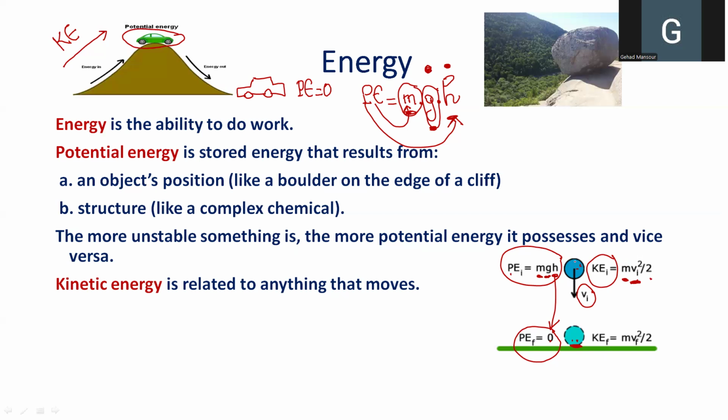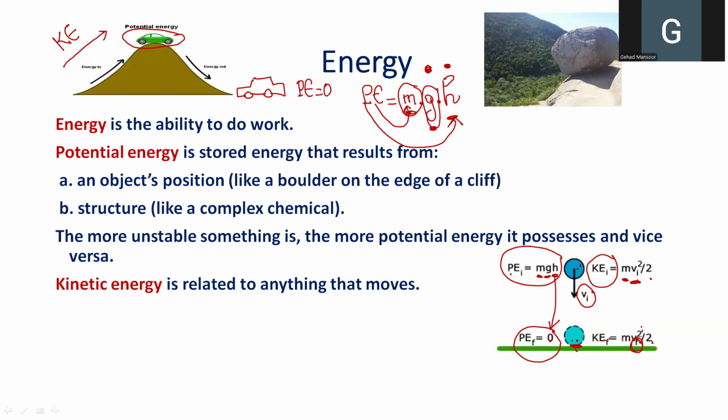And then when the particle dropped down, the kinetic energy still has the same formula, m multiplied by the square of v, divided by 2. But in such a case, the velocity would be the final velocity and not the initial velocity.